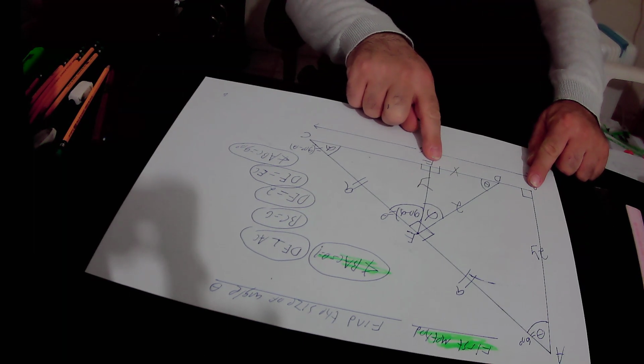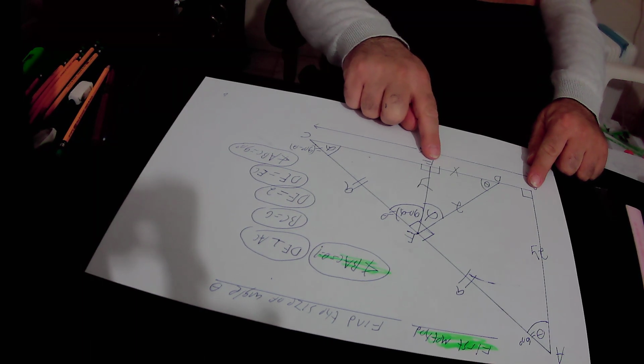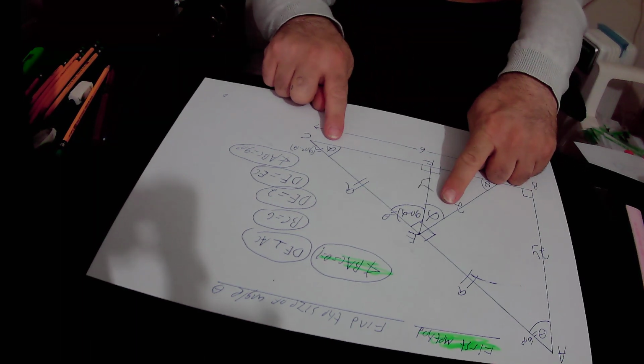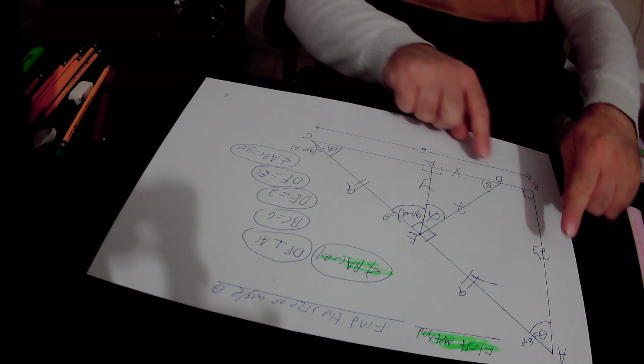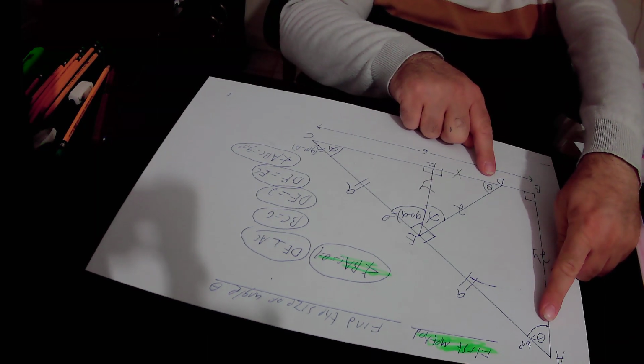First of all, those two angles are equal to each other, they are both equal to 90 degrees. Second, those two angles are equal to each other, they are both equal to alpha. And finally, those two angles are equal to each other, they are both equal to theta.